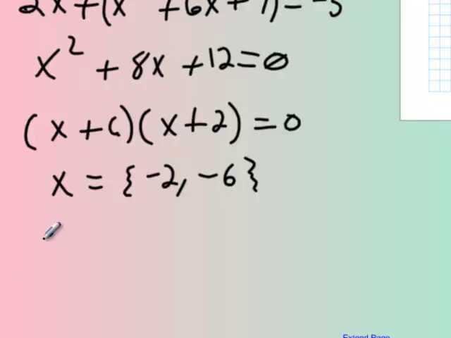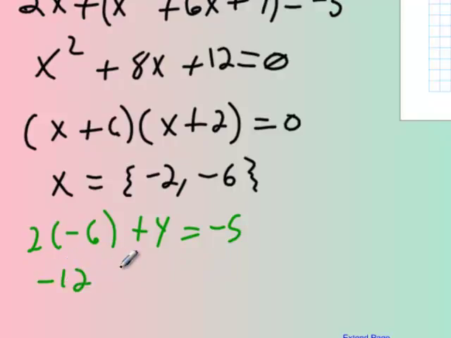So I'm going to say 2 times -6 plus y is equal to -5. And that's going to simplify to -12 plus y is equal to -5. So therefore, y is equal to 7.